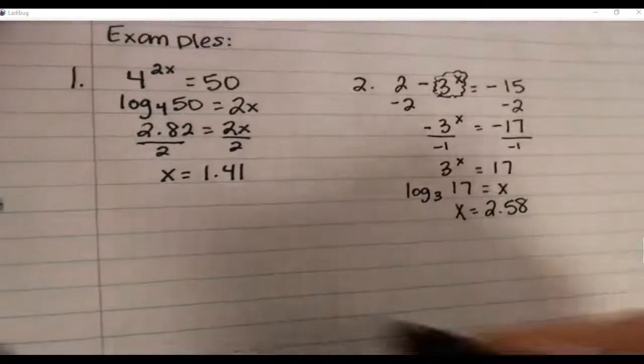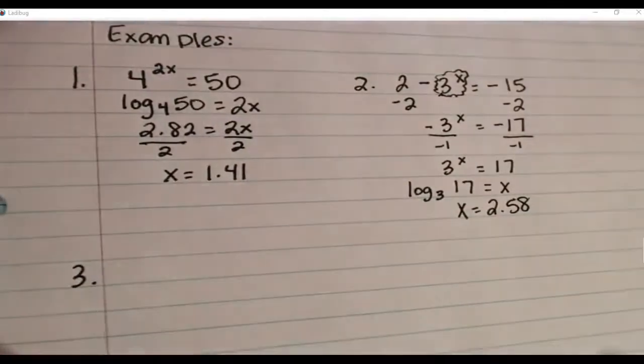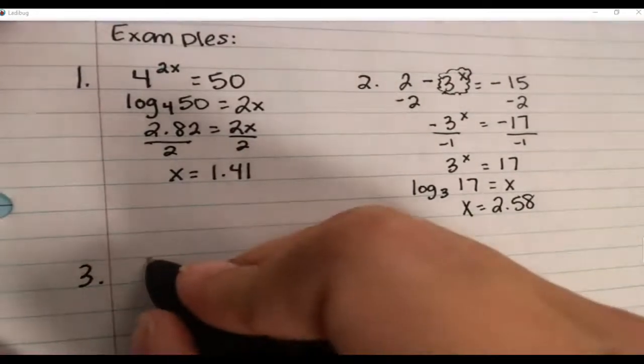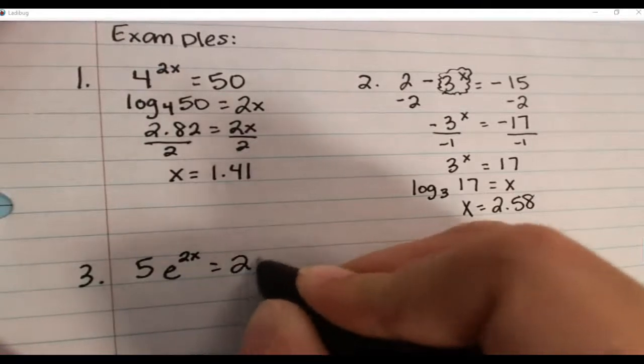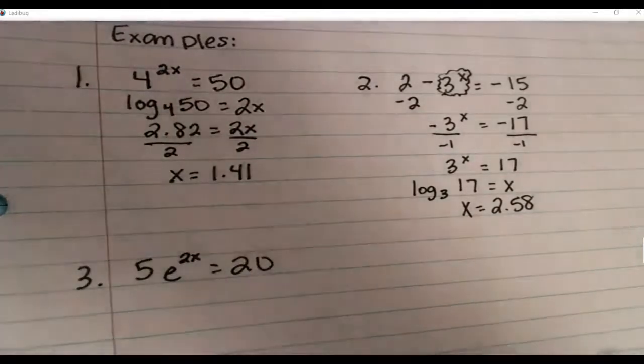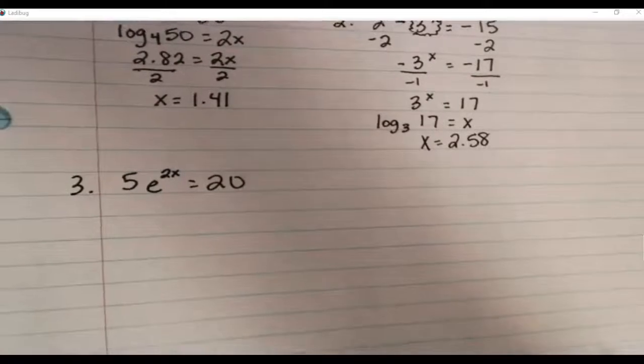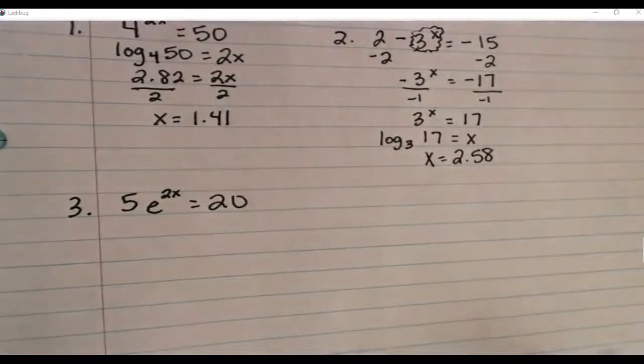Alright, let's do one with an e. So let's say we had 5e to the 2x equals 20. So we still want to get the exponential by itself, so how can I move that 5?